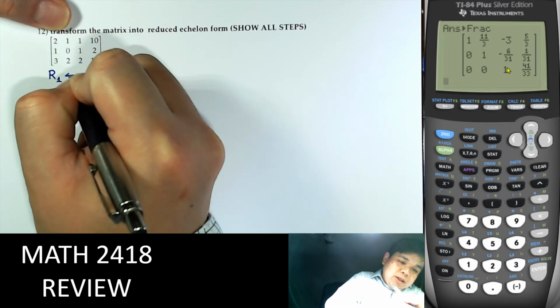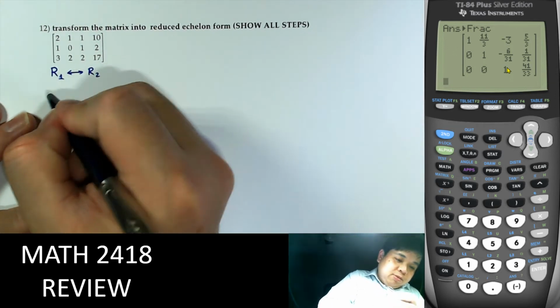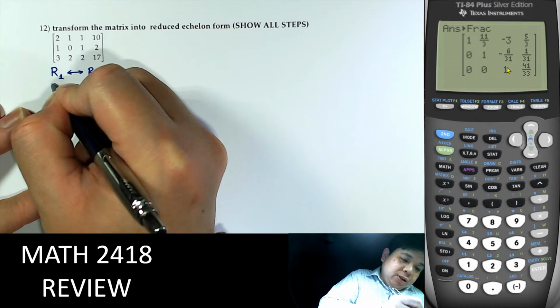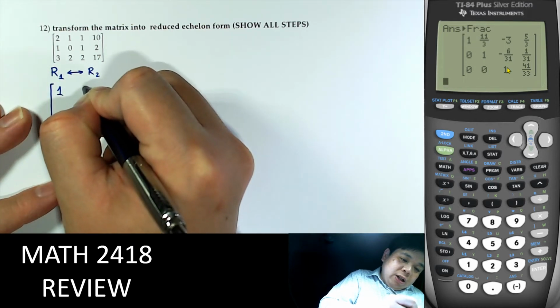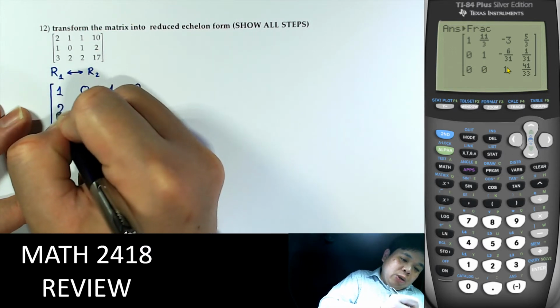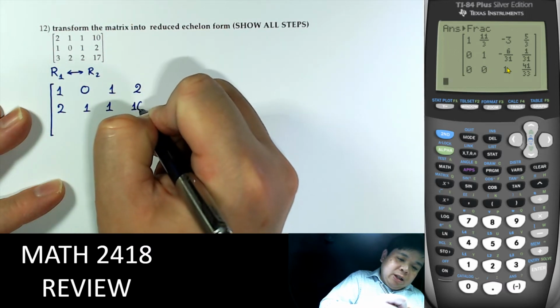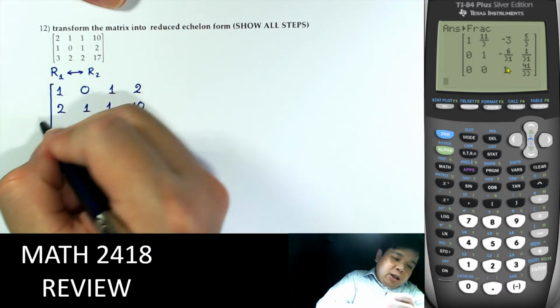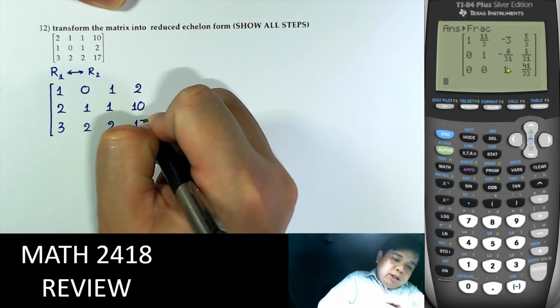Swap: 1, 0, 1, 2; 2, 1, 1, 10; 3, 2, 2, 17.